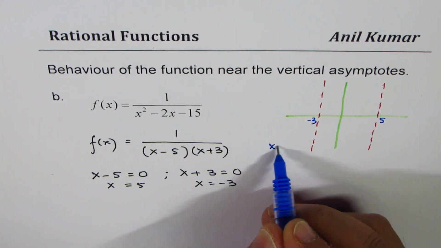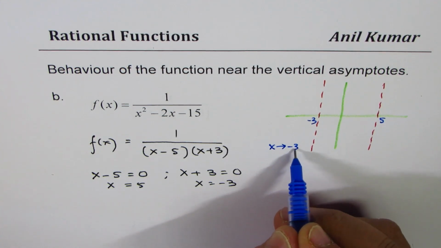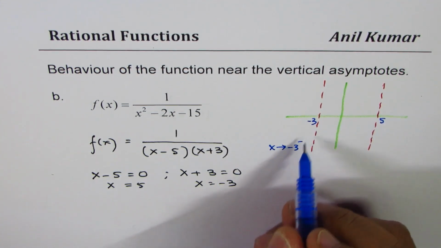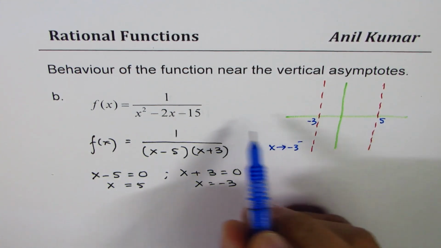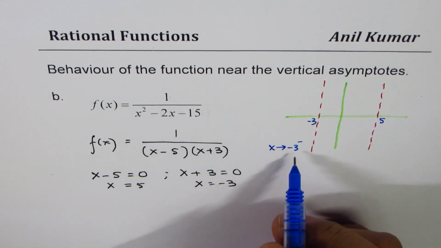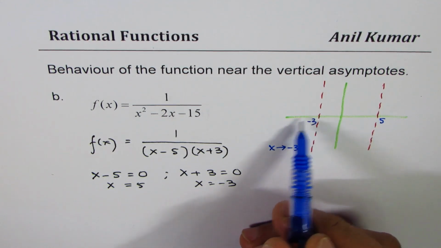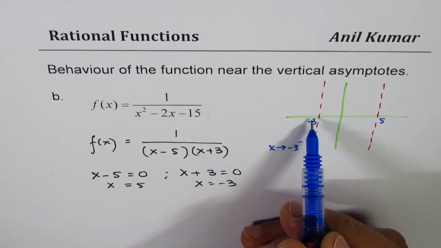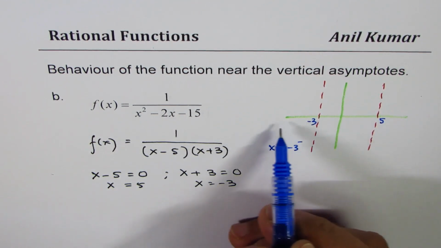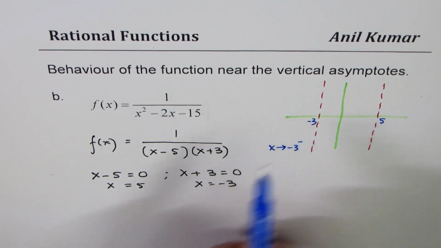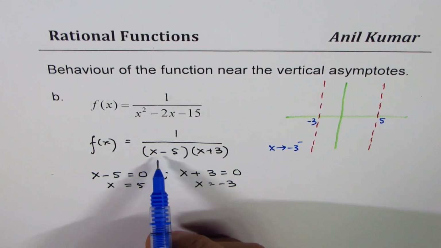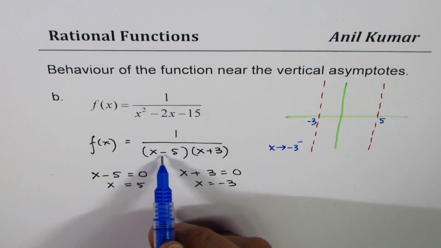So if x is approaching minus 3 from the left side, then what happens to the function? What you can do is place a value on the left side, let's say minus 3.1, more negative than minus 3. If I place a value which is negative, we know this will be negative.